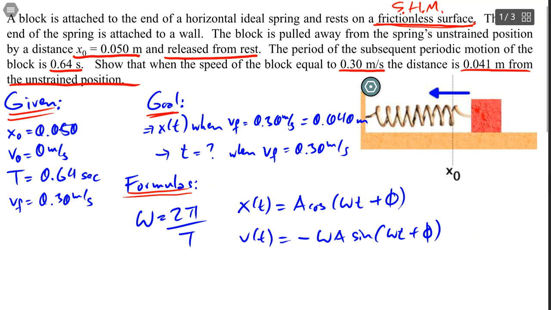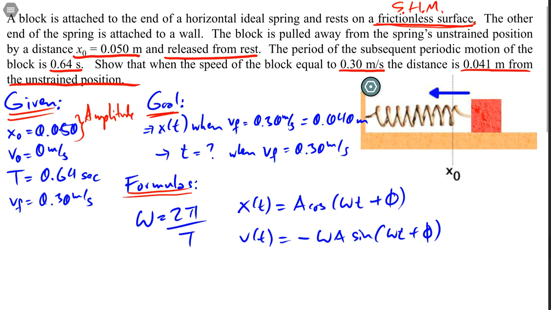The block is pulled away from the unstrained position, the equilibrium position, to 5 centimeters or 0.05 meters and released from rest. This tells us two things: this is our amplitude, and the fact that it's released from rest we'll need later on to solve for the phase constant.